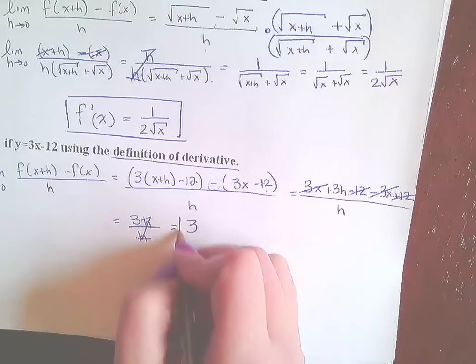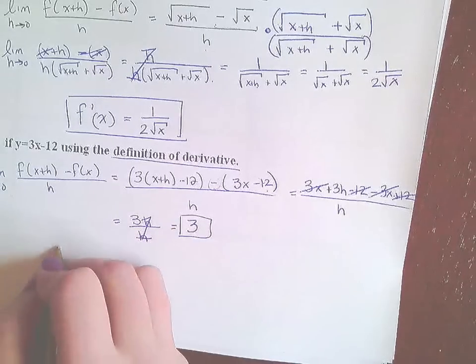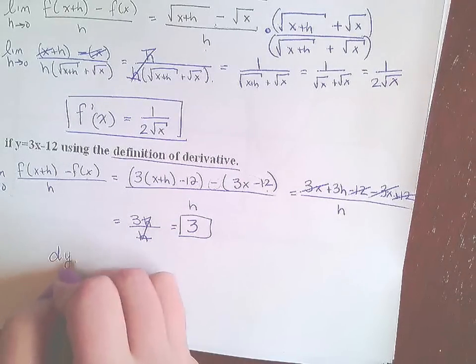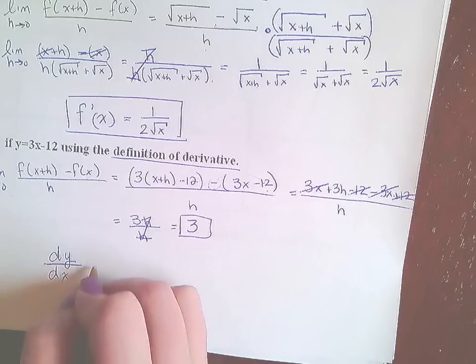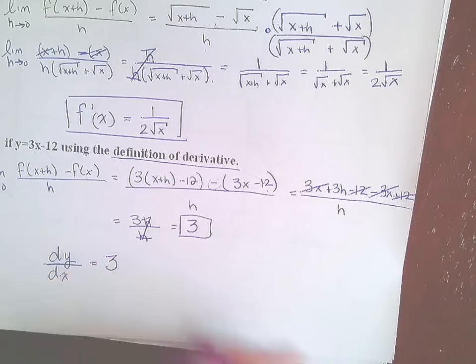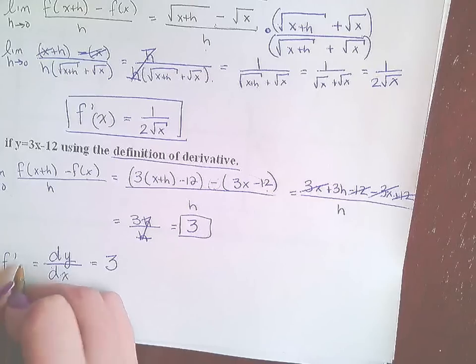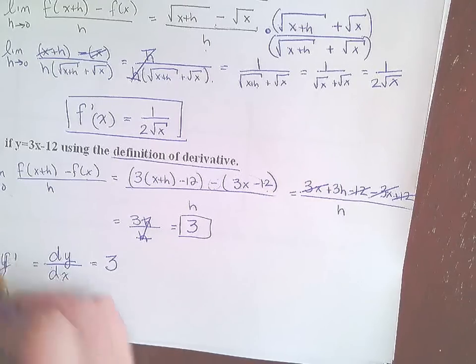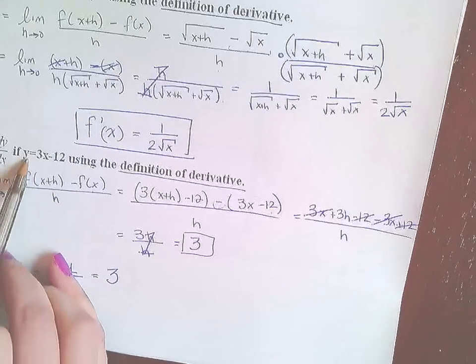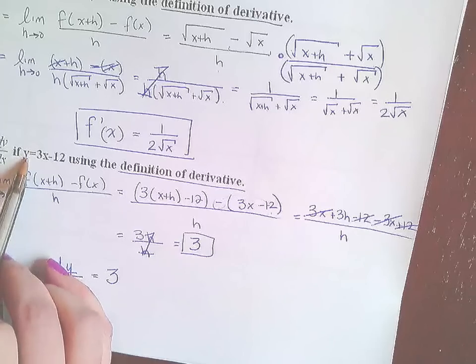And that's it. So the derivative of y with respect to x is actually 3. Now remember, this notation is the same thing as this notation. Now we're not going to use f here because they didn't give us f of x, they gave us y.